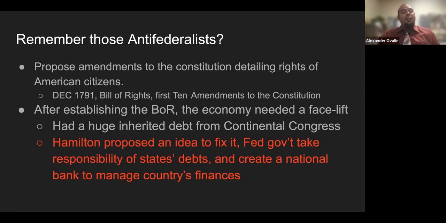So Hamilton, Secretary of the Treasury, in charge of the money, proposed an idea to fix it. The federal government should take on the responsibility of all states' debts and the creation of a national bank to manage the country's finances. Now, if you know any history about that, you know who ain't gonna like it.